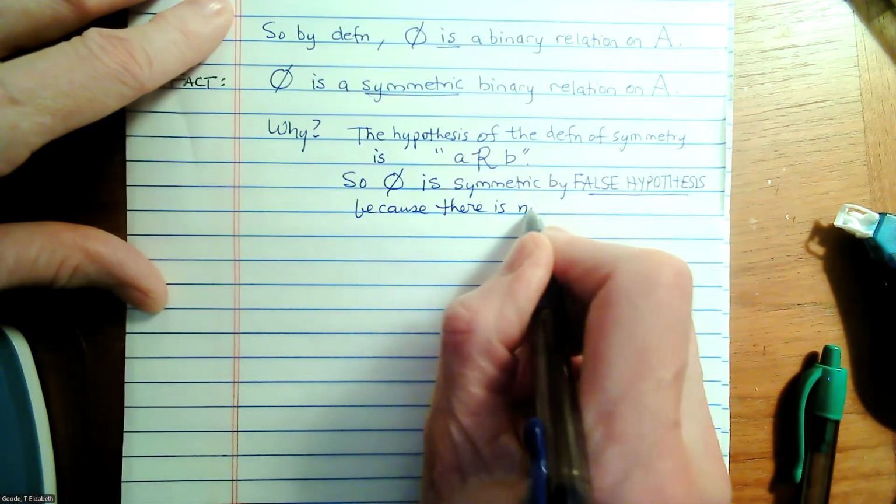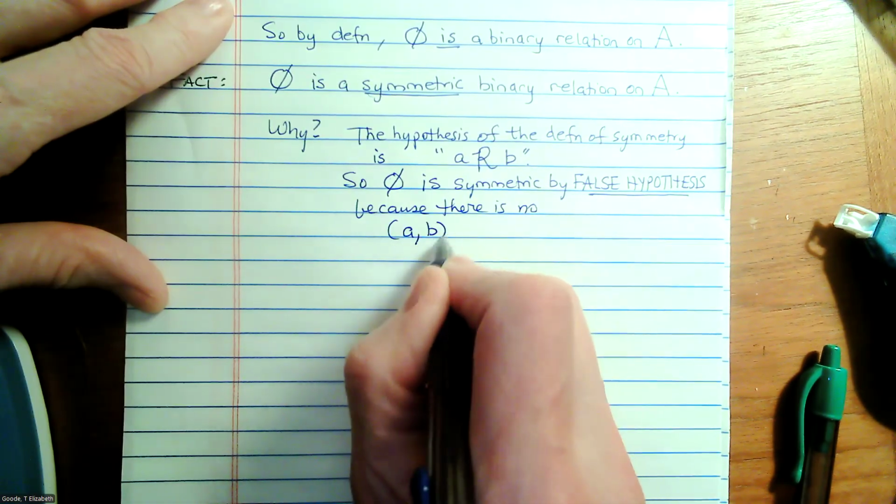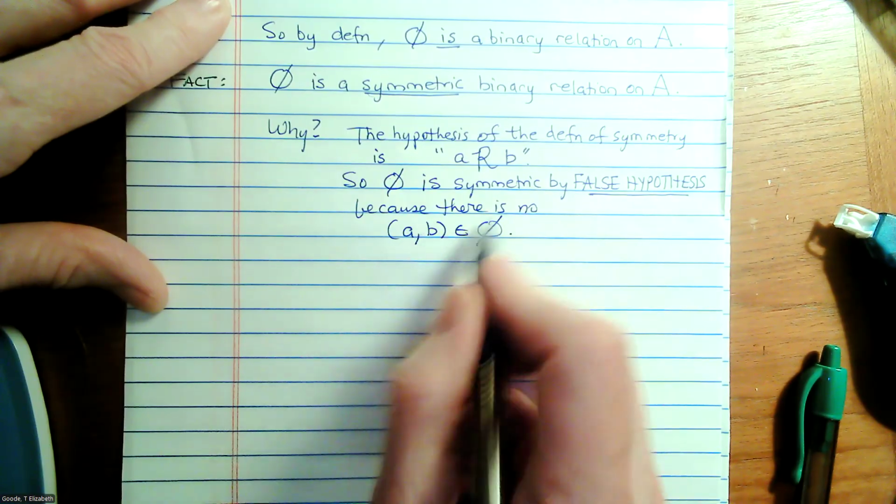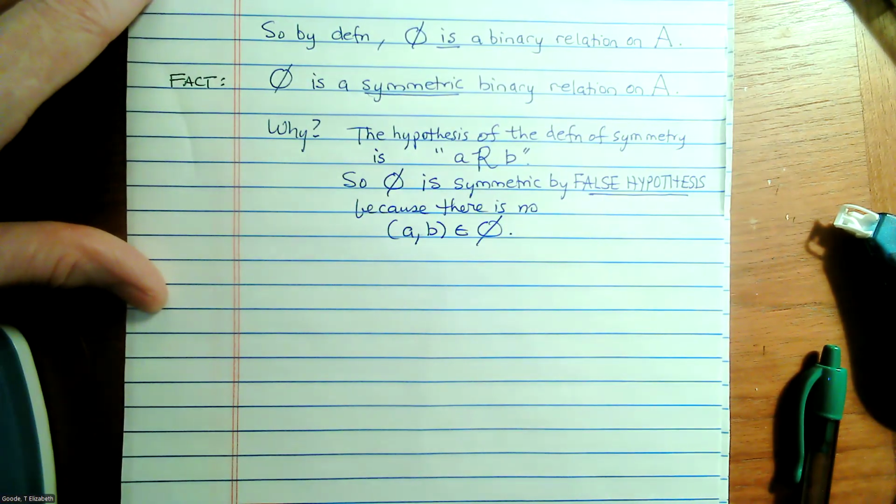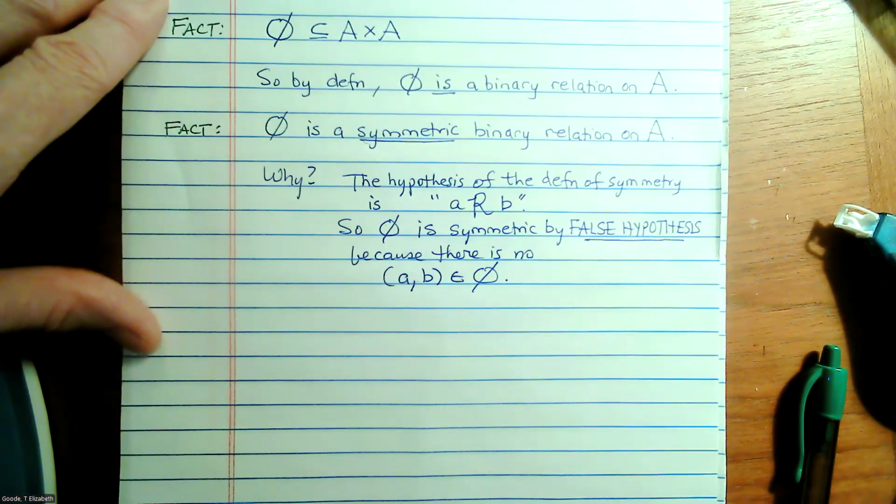There is no pair (A, B) in the empty set, which is the same thing as saying A is related to B. It's just two different notations for the same thing.